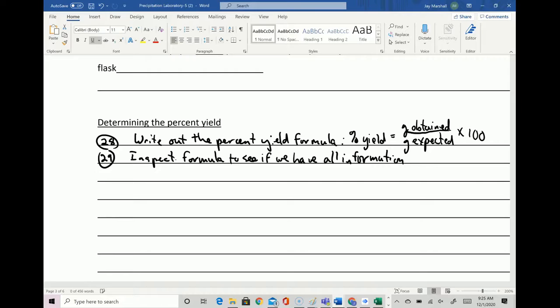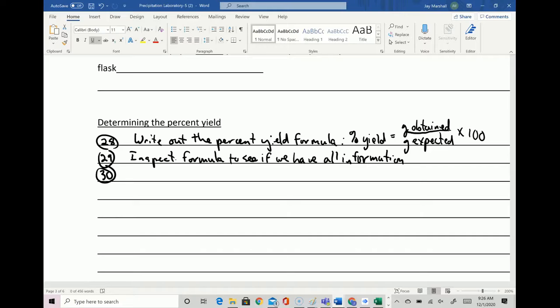Okay? Inspect formula to see if we have all information. And we're always going to have the amount obtained, right? That's part of our procedure above. We're always going to have that amount. But we don't have the amount expected.